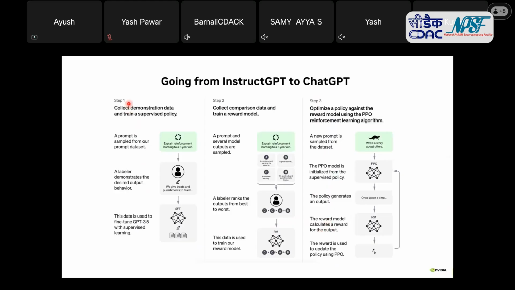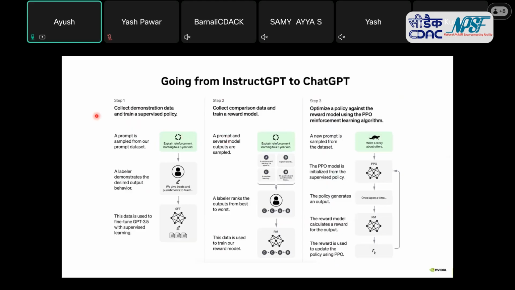Yeah. Now, once your SFT model is trained, how do you create a model that can go into the public? Once you have trained your model with supervised fine-tuning, how do you make the model go into ChatGPT or a public interface?